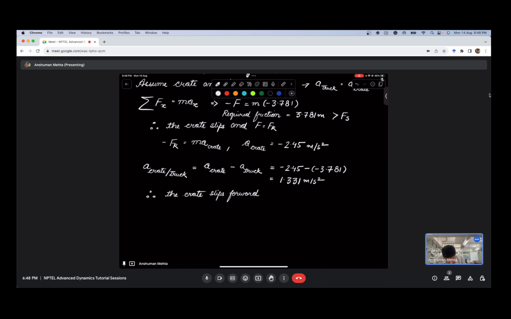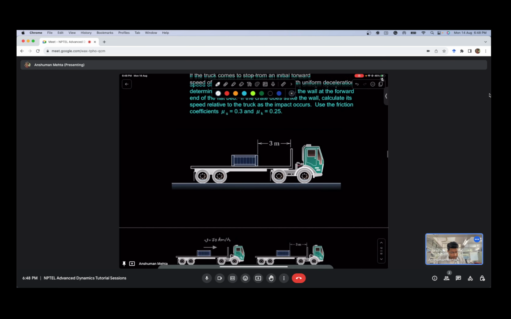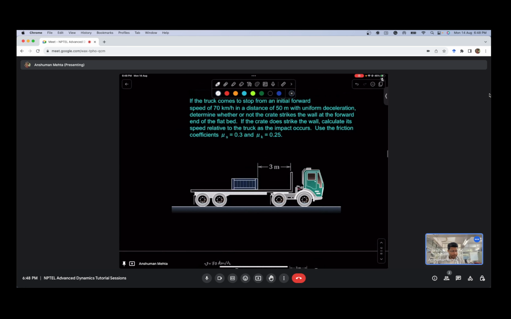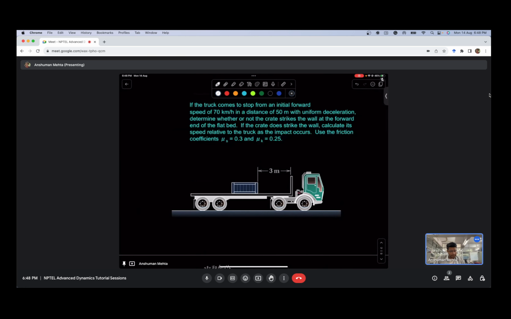Now the question is, will it strike the wall? The wall is at 3 meters from it.